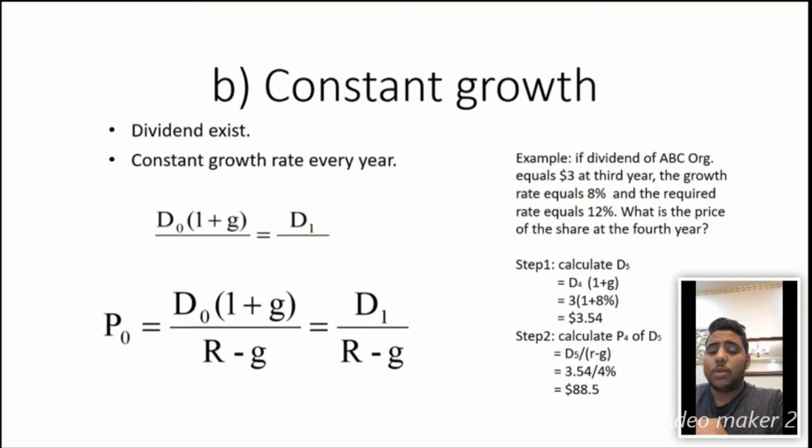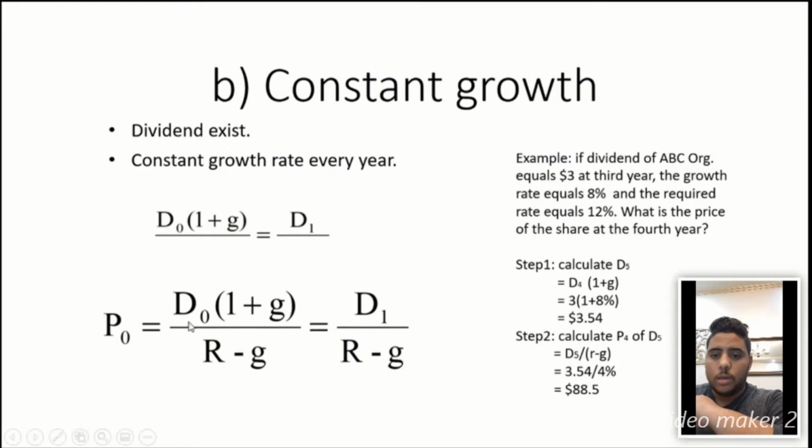Second, we have constant growth. In constant growth, a dividend exists and there is a constant growth rate every year. Here is the equation to get the price.